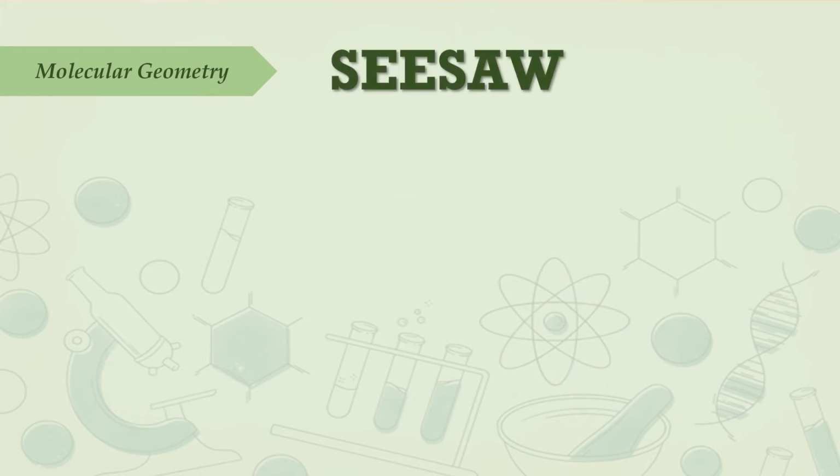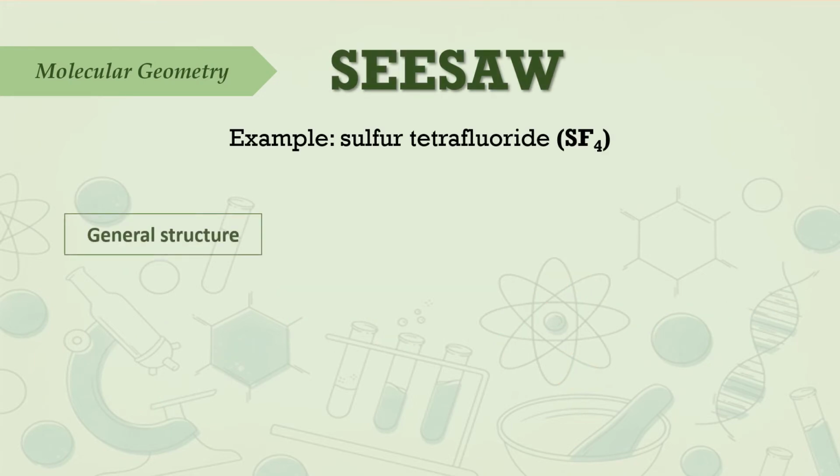The seventh one is the seesaw. For seesaw, the general structure is, we have here the central atom with, again, 4 attached atoms. But this time, it has a lone pair at the central atom. So, sulfur belongs to group 6.